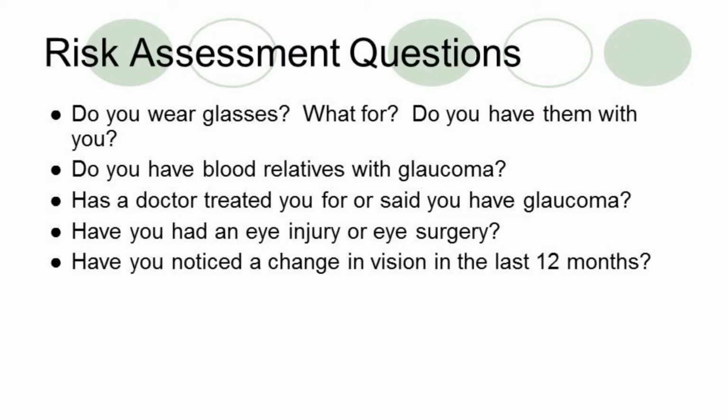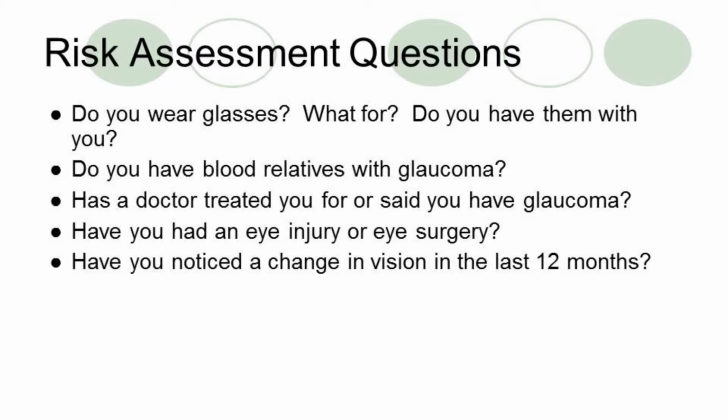These questions are important because they're assessing a patient's risk for an eye disease or eye disorder. For example, if a person has had a previous eye injury or eye surgery, that can increase their chances of developing cataracts.